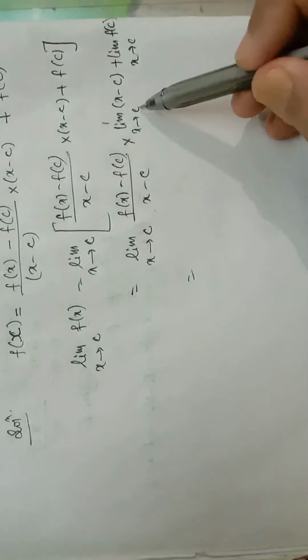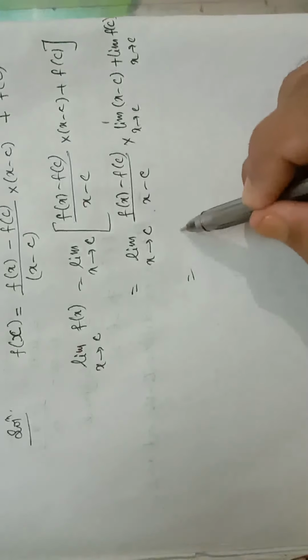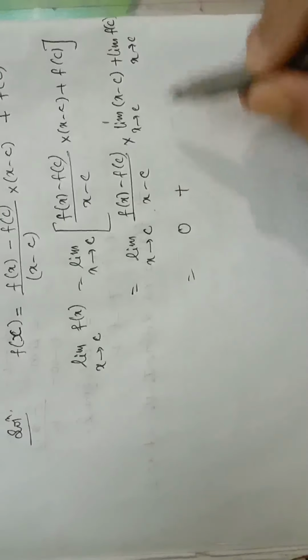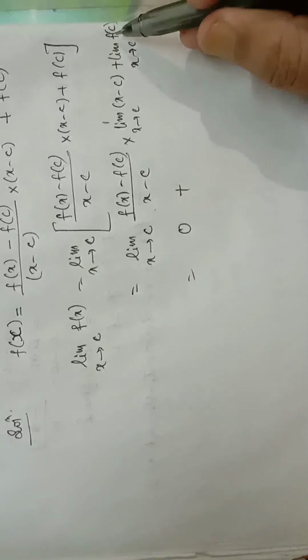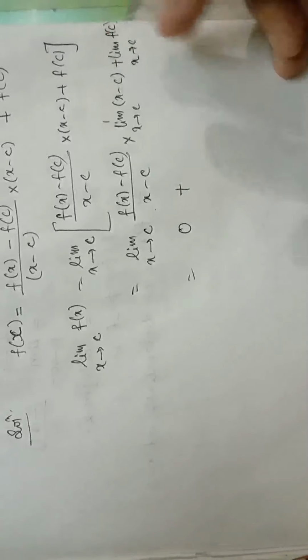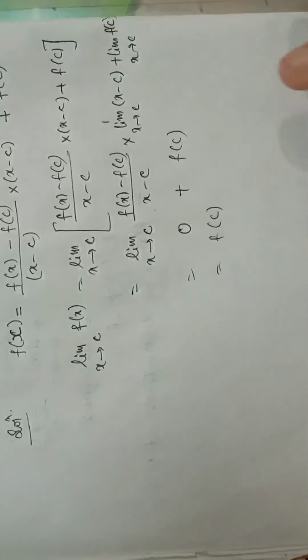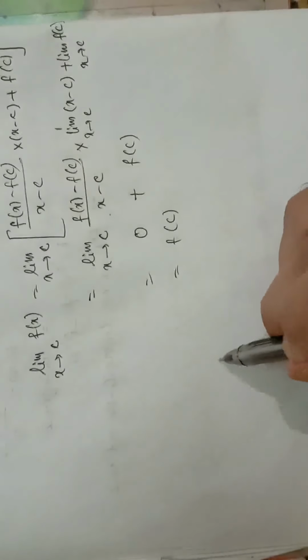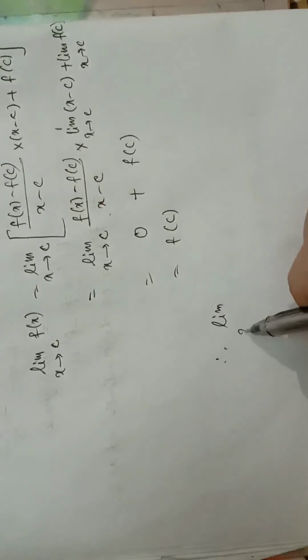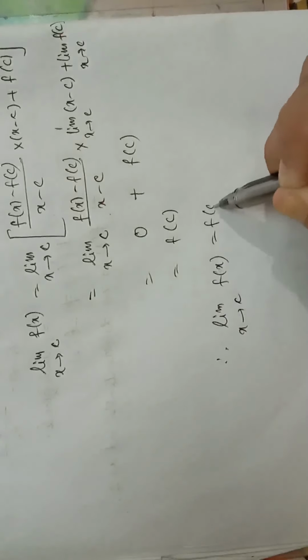If we put x equal to c, c minus c will be 0. F dash c into 0 will be 0 plus limit x tends to c f of c. Here f of c is a constant. There is no x here, no variable here. This will be f of c. So what we ultimately get, therefore, limit x tends to c f of x is equal to f of c.